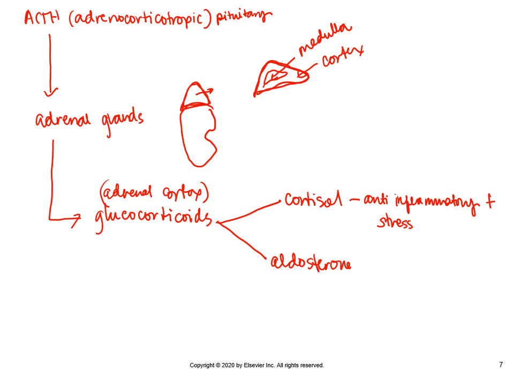All right. So what happened is that when there is a stress or a constant stress, then there will be a release of the cortisol. When there's a release of that cortisol, if you guys recall, there's also going to be an increase in gluconeogenesis, is what we call it.